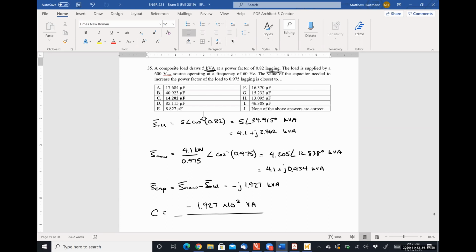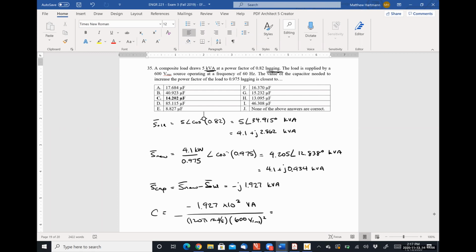Based on the information you're provided in the problem, you have a linear frequency of 60 hertz, so times 2 pi would be 120 pi radians per second, multiplied by the RMS voltage across our capacitor, which is 600 volts RMS, quantity squared.